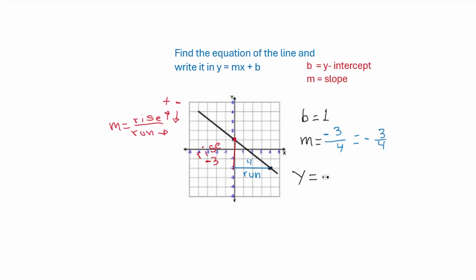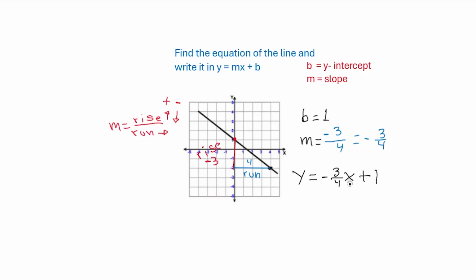So that should be -3/4. Then according to this equation, it's gonna be times x. And then b could be either positive or negative. In this case, I didn't have to write the plus sign, but because I'm gonna write it now into that equation, now I need to write the sign. So the answer should be +1.